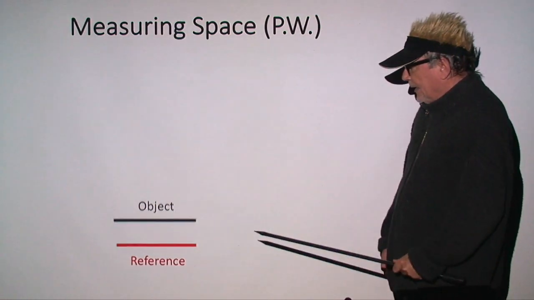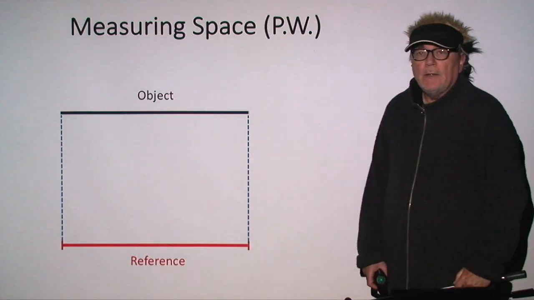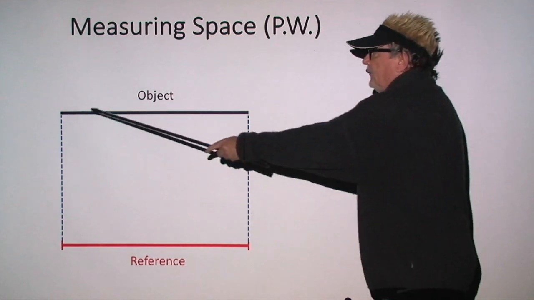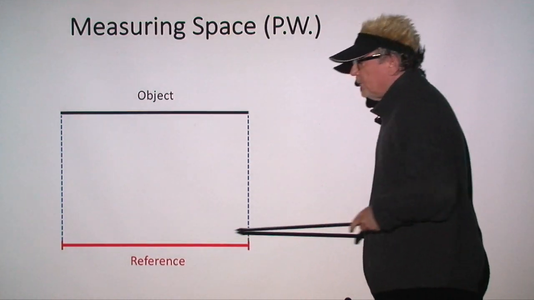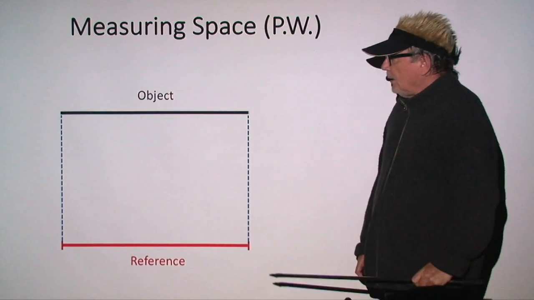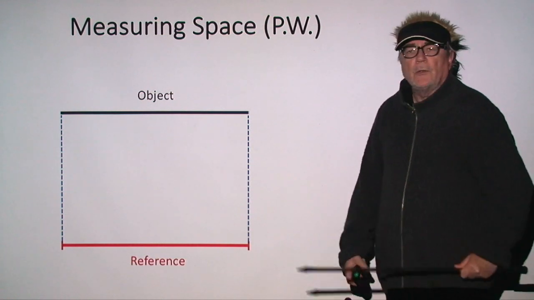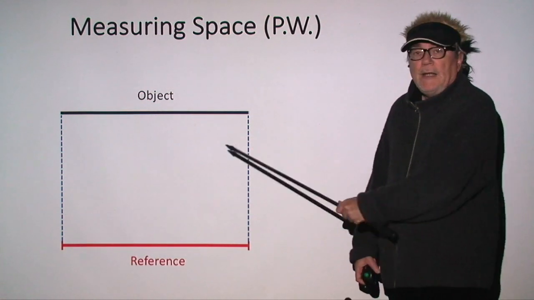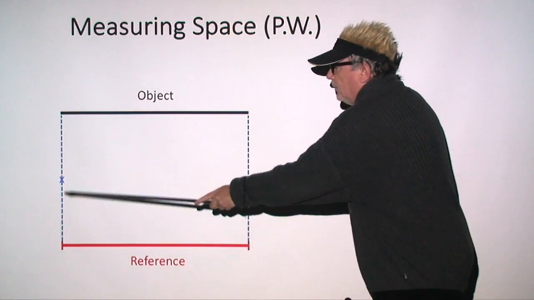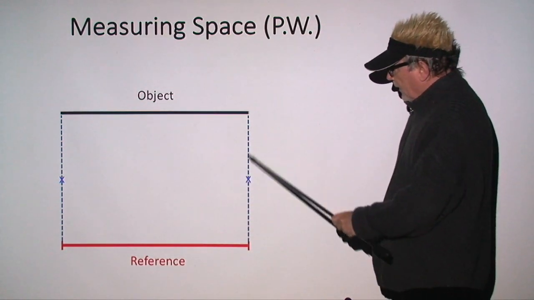Okay, so in our case here, let's zoom in. What we want to do is to set up something in the physical world so that it will allow us to say this object has a length of 1 reference. Okay, so how could we do that? Well, using what we've seen before about simultaneity, and we also defined what a middle point was, we can use it here. So for instance, I will take the middle of this segment here, and I will do the same here.